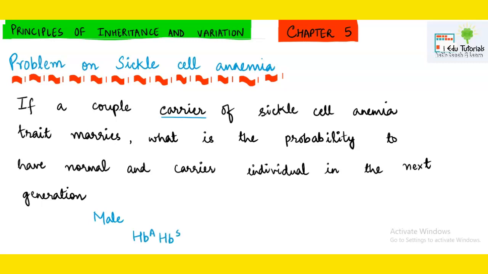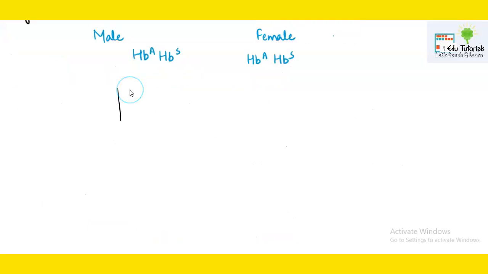If you have not seen my video on sickle cell anemia, where I have talked about how to take genotypes of the affected individual, the carrier and the normal, please do watch it because it contains detailed information. Now the genotype of the female will also be HbA, HbS. Now we will make a Punnett square for easy conclusions.